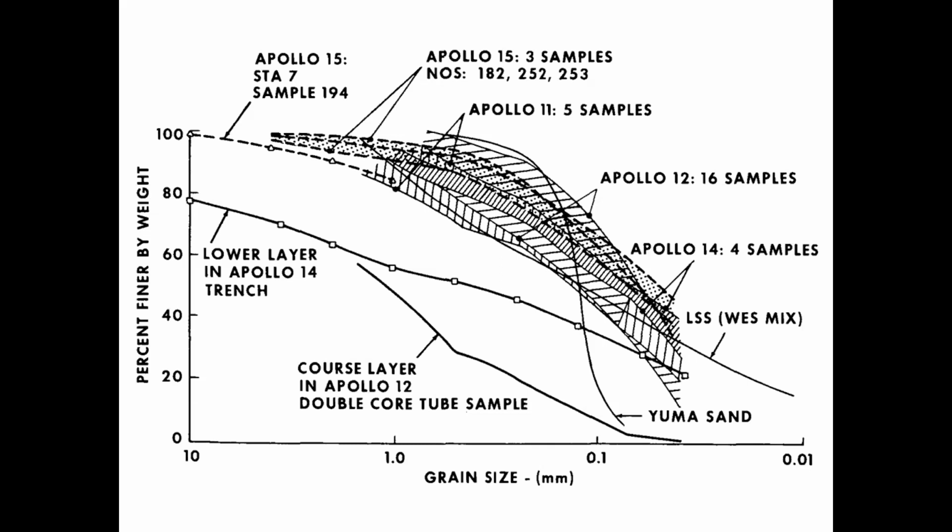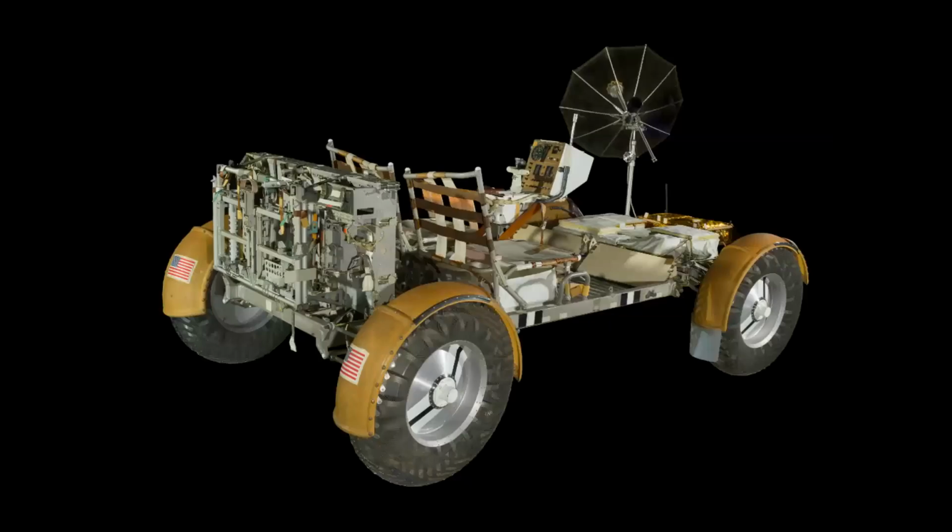Now, in addition, wheel-soil interaction tests were performed also inside vacuum chambers while flying on board parabolic jet flights that simulated 1/6 gravity using the same ground basalt lunar simulant. And before the actual flight of a lunar rover vehicle, a qualification test unit was built to the same specifications as the flight unit.